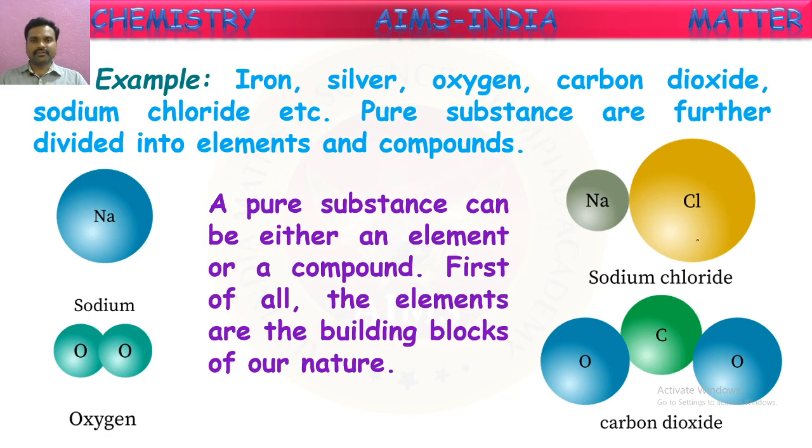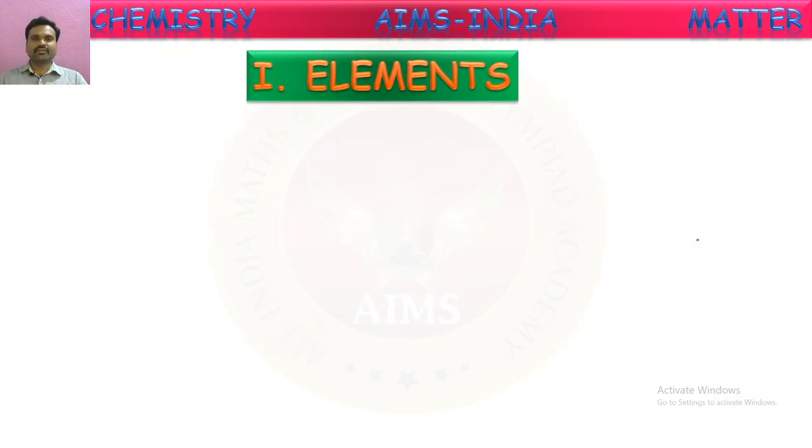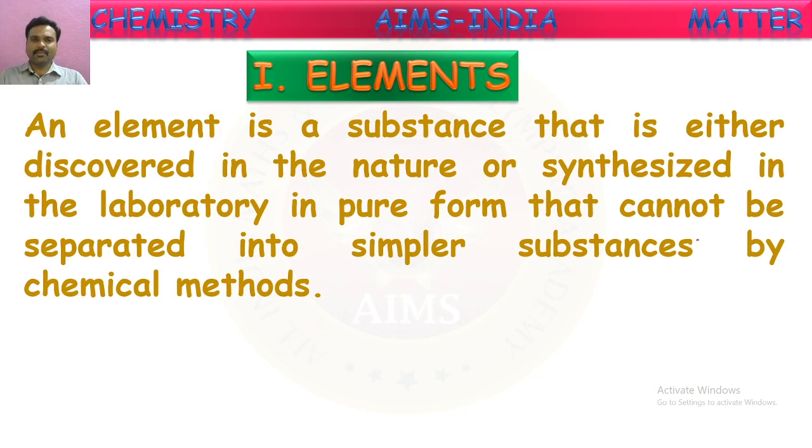Okay, next. Let us come to the elements first. The pure form of matter, pure substance, is divided into elements and compounds. First, let us talk about elements. What are elements? An element is a substance that is either discovered in nature or synthesized in the laboratory in pure form, and that cannot be separated into simpler substances by chemical methods.